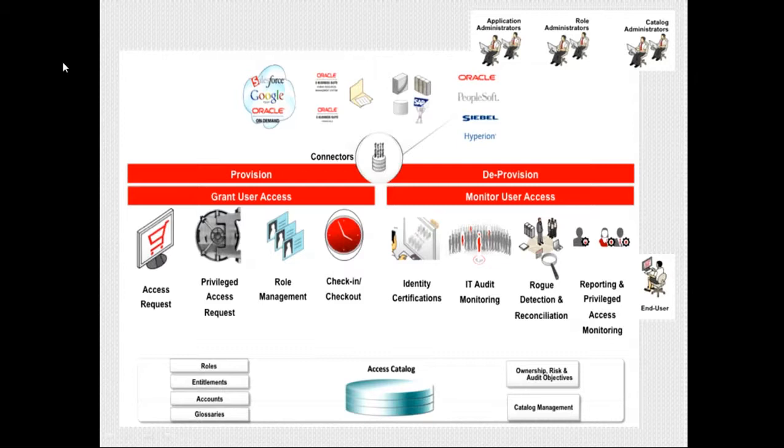Now, on this slide, what I'm trying to depict is a typical IDM environment where you can see I have Oracle Identity Manager, which is used for a number of purposes like role management, identity certifications, reconciliation, and account requests, and how it is connected to a number of applications. Typically, mid-size or larger IT organizations have a number of applications.